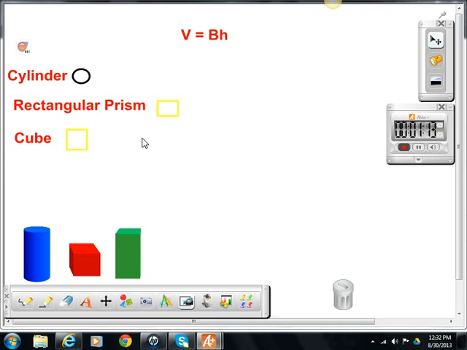Next, we're going to talk about the volume of a rectangular prism. But still, it's how many cubes fit. I think about a rectangular box, three dimensions, having length, width, and height, and I'm placing cubes in to completely fill it up.